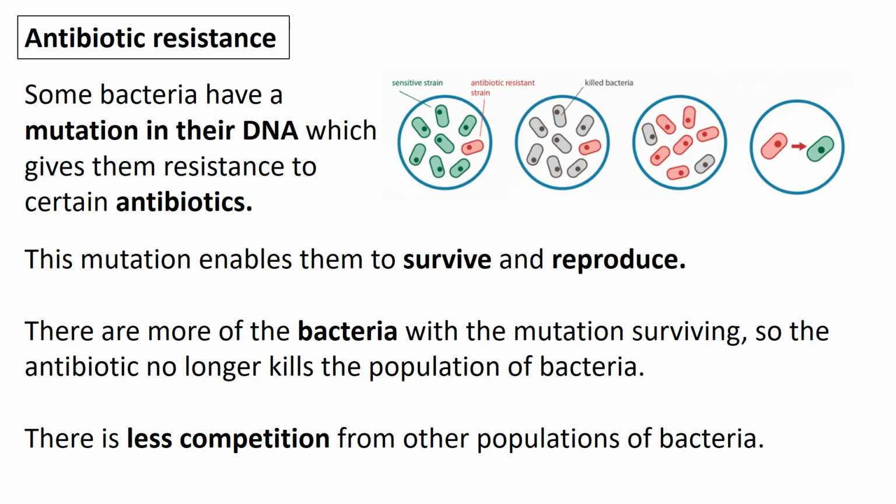So at that point, you need to try to use different antibiotics in order to kill them. And they've also got the advantage of there being less competition from other bacteria that were killed by the antibiotics, so they are able to grow quite rapidly. So this is leading us to antibiotic resistance. And there's more about that in the Combined Science B3 unit.